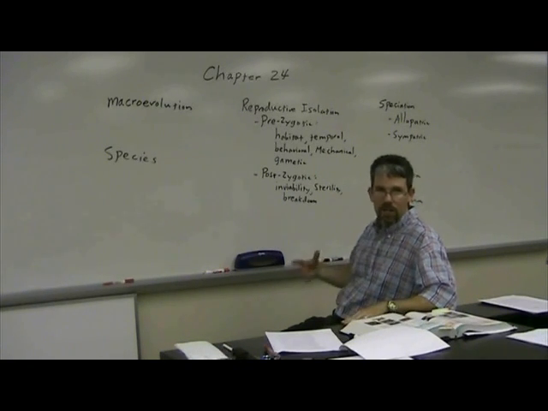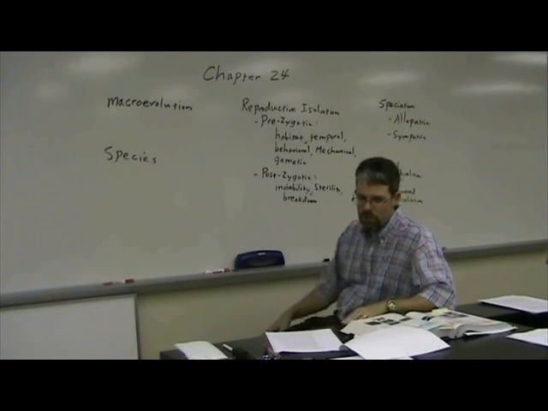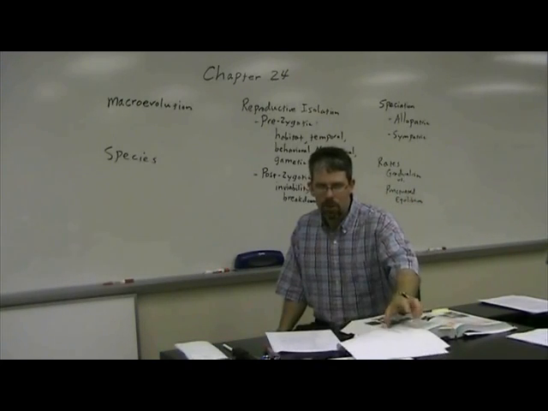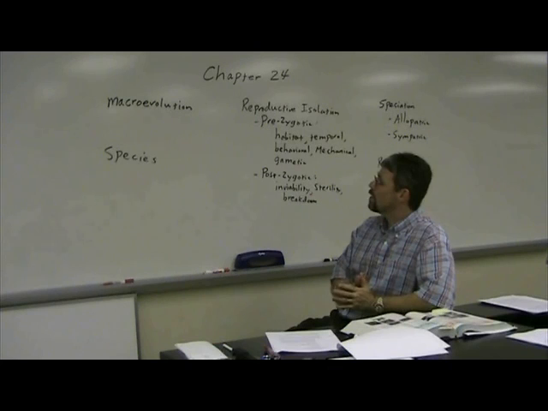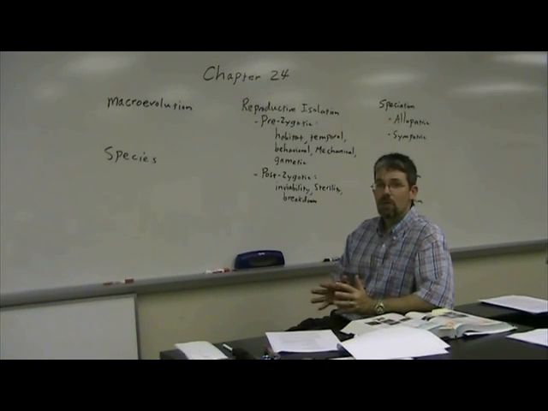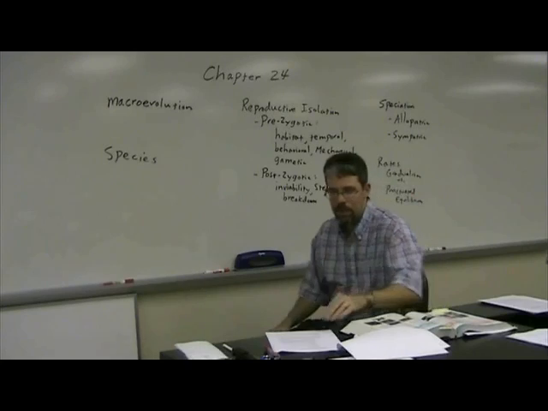Again, your textbook has examples, and so do your notes. So logic would dictate that for speciation to occur, you have to have the origin of a reproductive isolating mechanism where you didn't have one before.